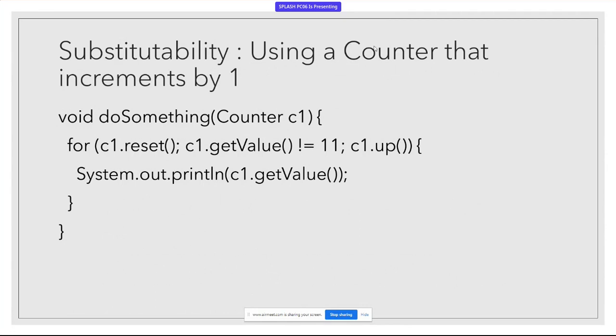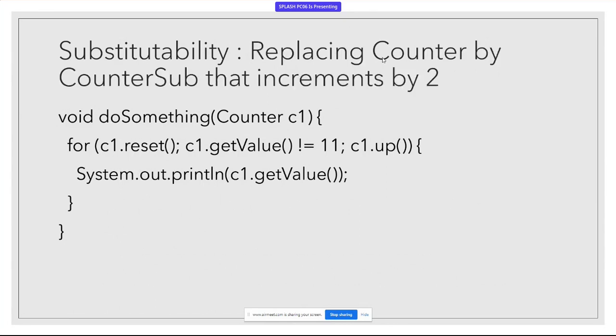You can see c1.reset, and then as long as the value is not equal to 11, we increment the counter and print the value. This is something that students can easily understand. Every student is able to understand this loop.